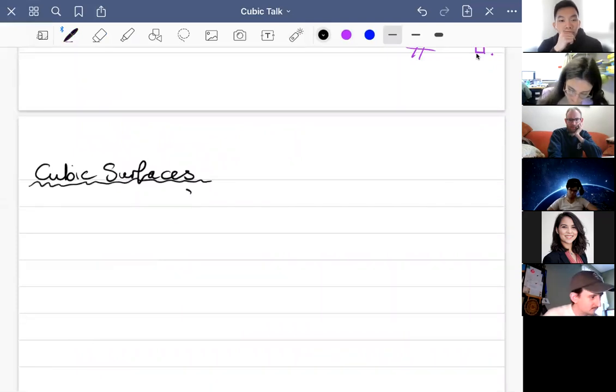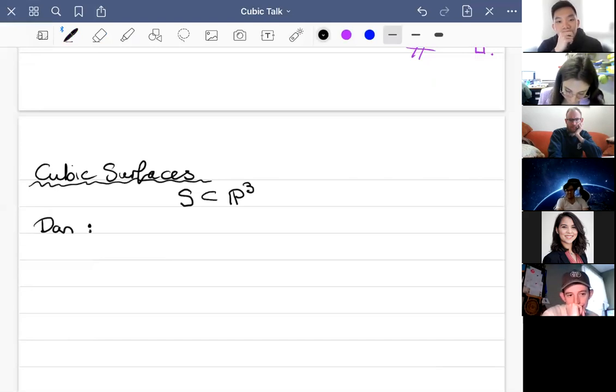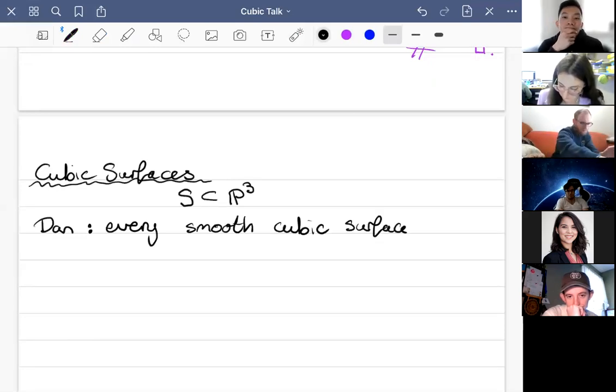So a cubic surface, we're going to call it S now for surface, is just, again, a hypersurface of P3 given by a cubic equation. And actually, Dan's talk from a while ago, if people remember, he talked about these objects quite a lot. And one thing that Dan told us is that every smooth cubic surface contains 27 lines.